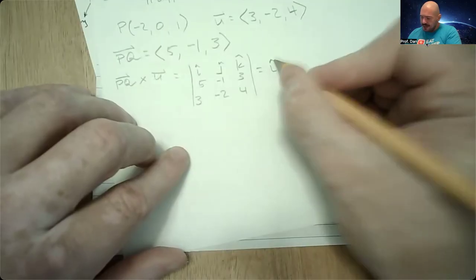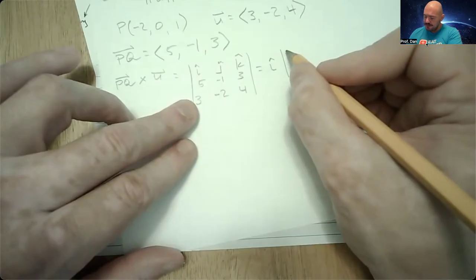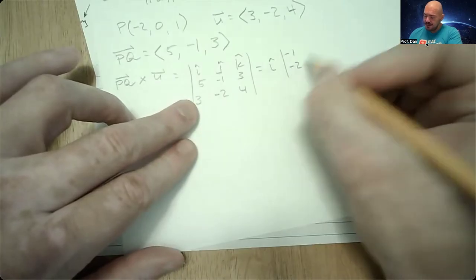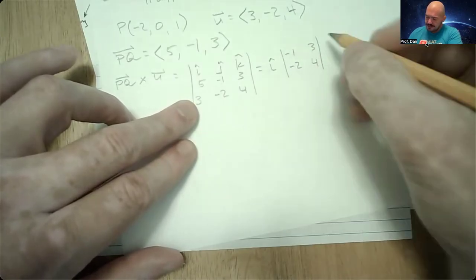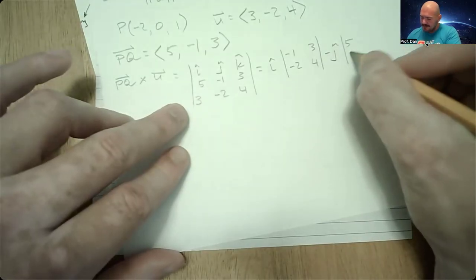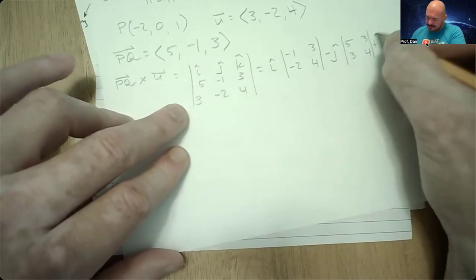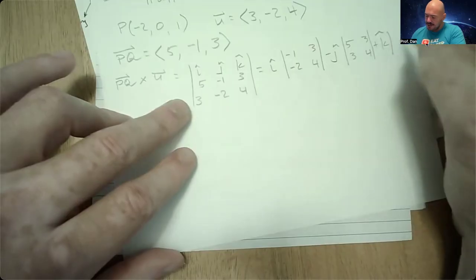So we'll get i times the determinant of this matrix, minus j times the determinant of 5, 3, 3, 4, plus k times the determinant of 5, 3, -1, -2.